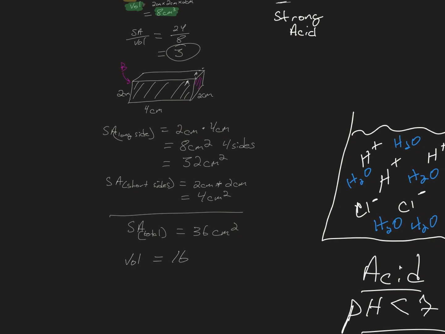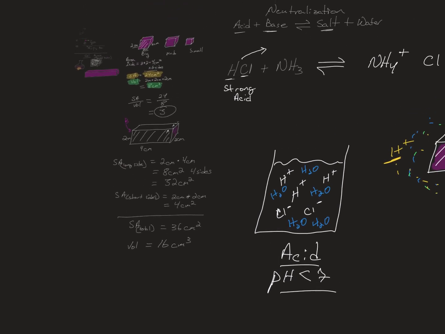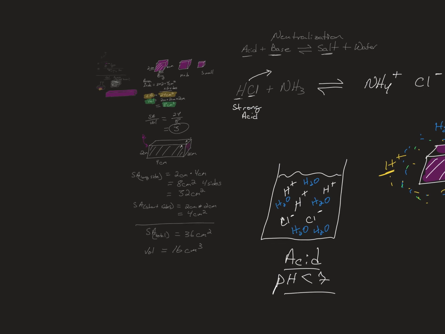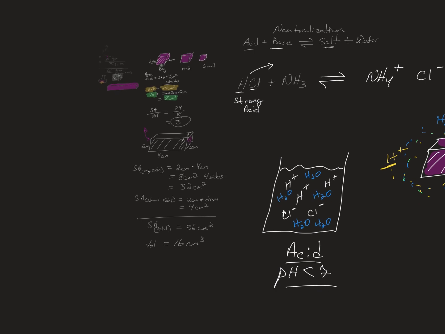So 16 centimeters cubed. Easy peasy, lemon squeezy. So surface area is 36 centimeters squared. The volume is 16. So now all I got to do is take 36 centimeters squared divided by 16 centimeters cubed, and that is my ratio.